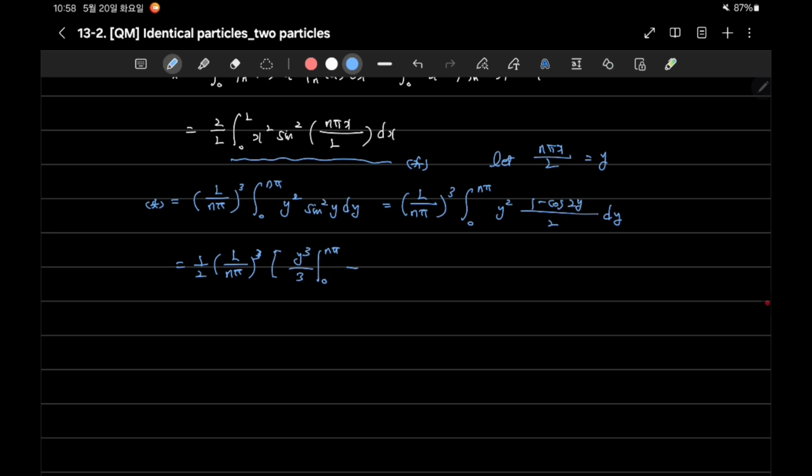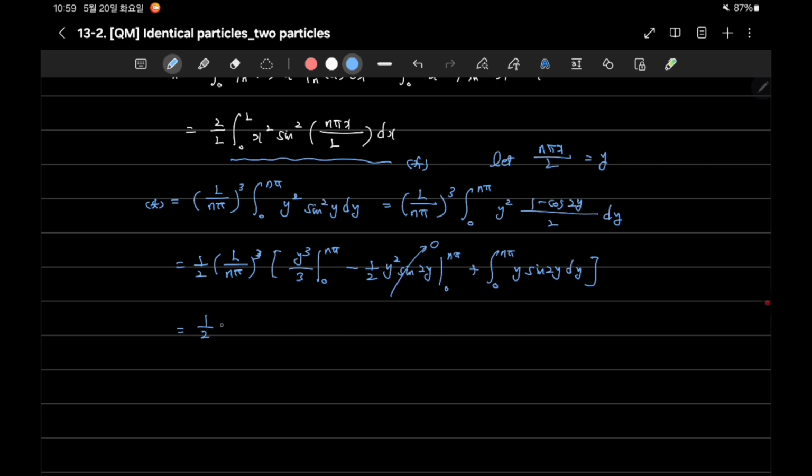So it is minus 1/2 y squared sine 2y from 0 to n pi, plus, differentiating y squared, the 2 and the 1/2 cancel each other, the integral from 0 to n pi of y sine 2y dy. Because sine 2 n pi equals 0 and sine 0 is also 0, this is 0.